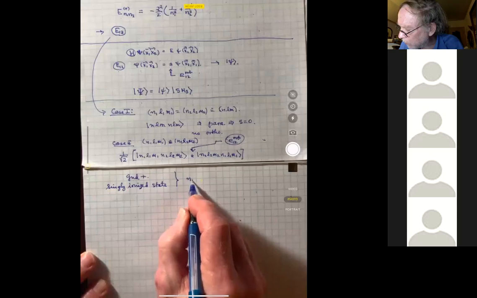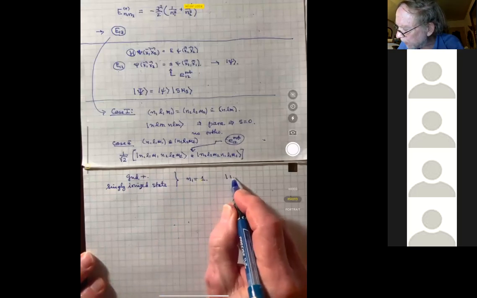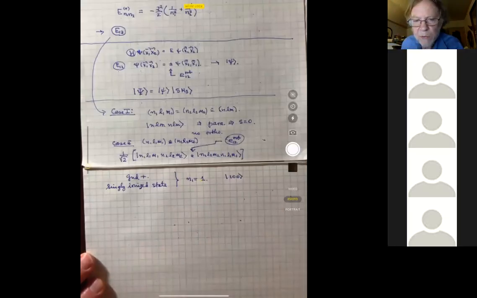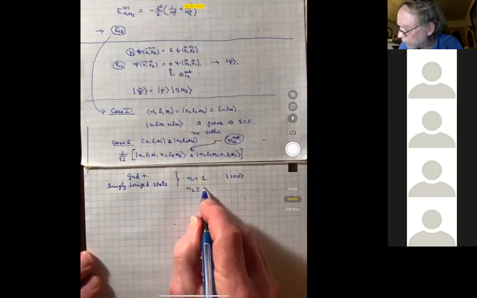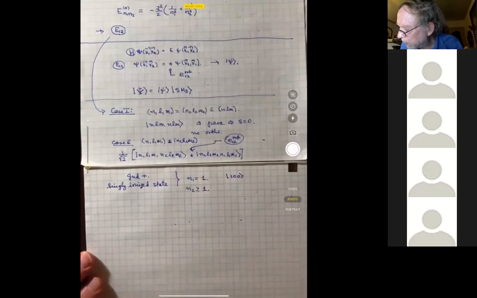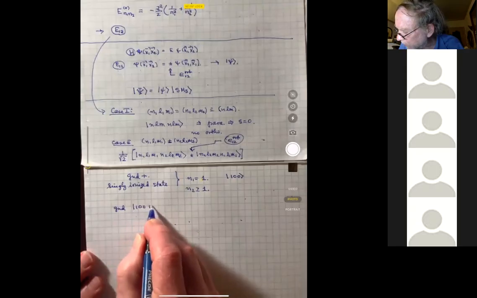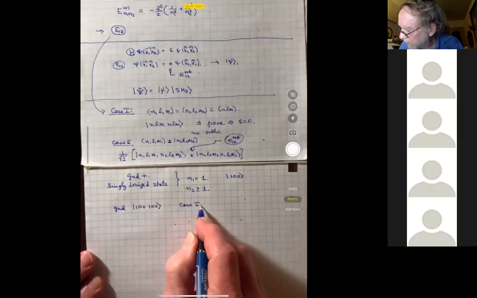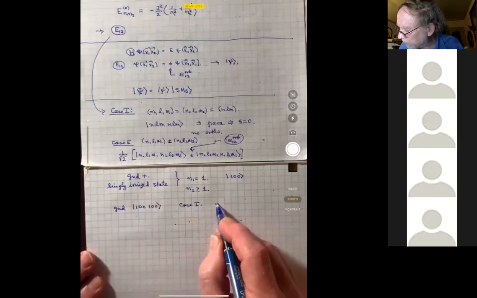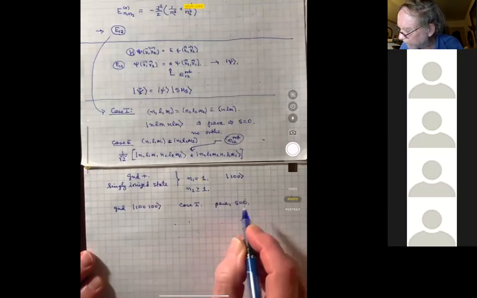These are ones in which the first quantum number n1 is equal to 1. If n1 is equal to 1, then the only state you have is 1, 0, 0. Those are the only values for the other quantum numbers. But we'll let n2 be greater than or equal to 1. The ground state then looks like this: |100, 100>, and you can see that this is case one. This is to say it's all automatically symmetric, so this is a para state and is necessarily a singlet, S equals 0.